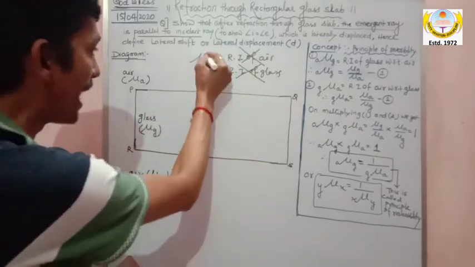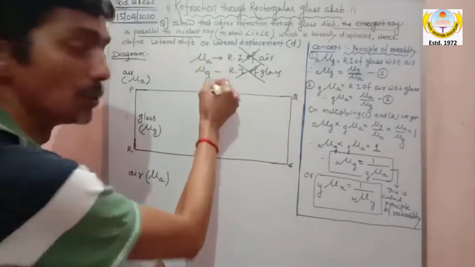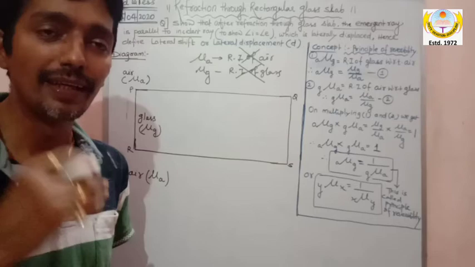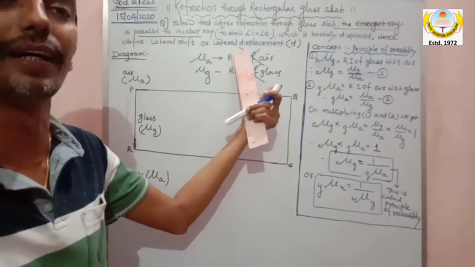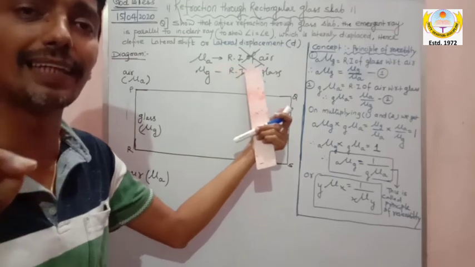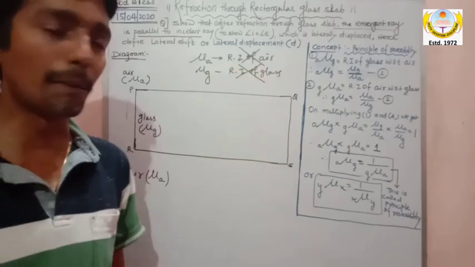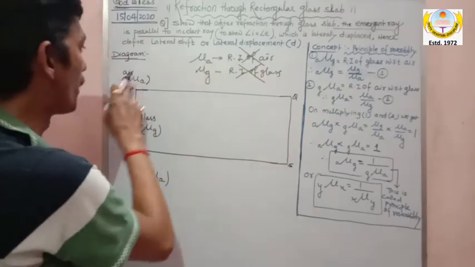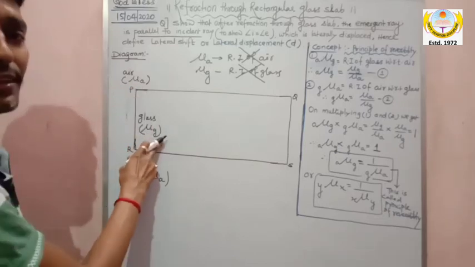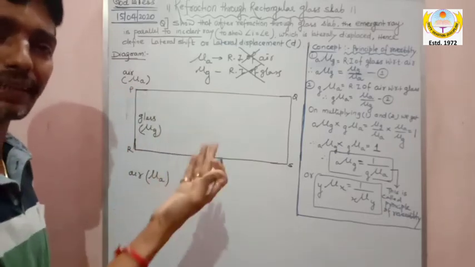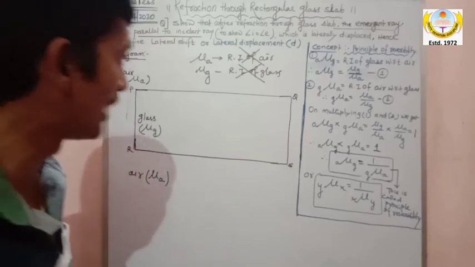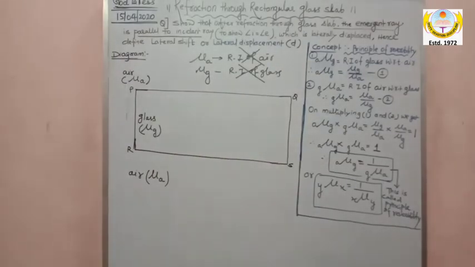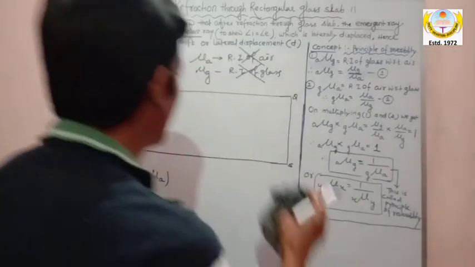But if I write 1 or 2, then that is my supposition, and that time I need to write mu 1 is considered as the refractive index of air, mu 2 is considered as the refractive index of glass. So please take care of this concept. I have already taken A and G, which represent air and glass, so no need of 1 and 2. This is one thing which I wanted to share with you. So now let us go for the next part of it.